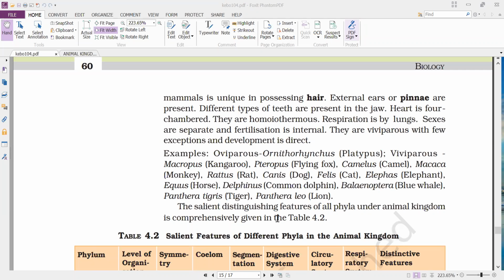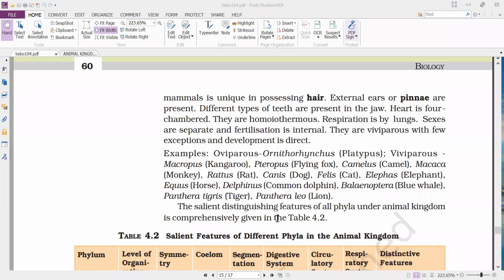That is, some important characteristic features of kingdom Animalia. That is cellular body organization, and next symmetry, and next diploblastic and triploblastic, and next the body cavity, that is coelom.